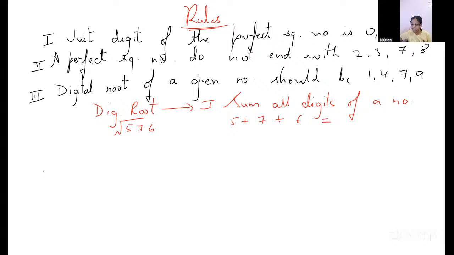Add and tell me, just do simple addition. 18. Okay. Now, the second step in solving digital root is to add the digits of the answer, 18.